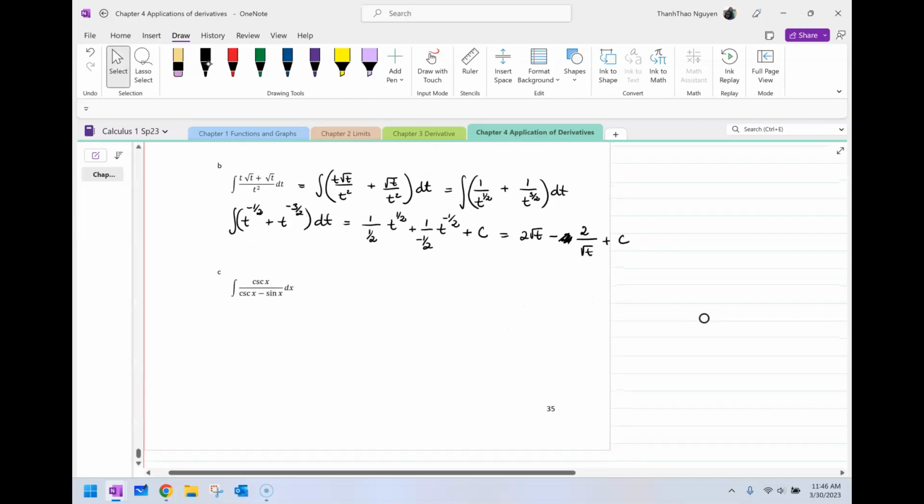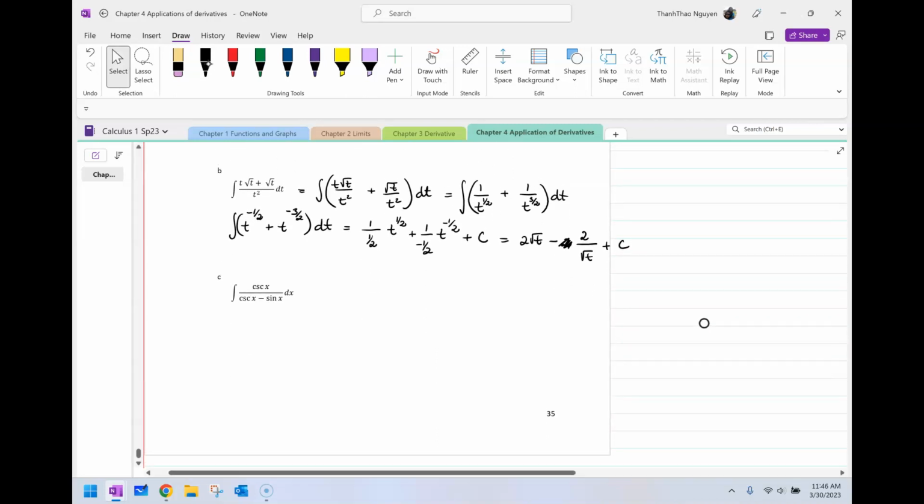Similarly for part c, let's simplify this function first. Cosecant of x is 1 over sine of x, so we have 1 over sine of x divided by 1 over sine of x minus sine of x dx.